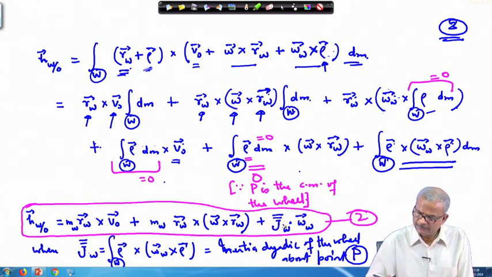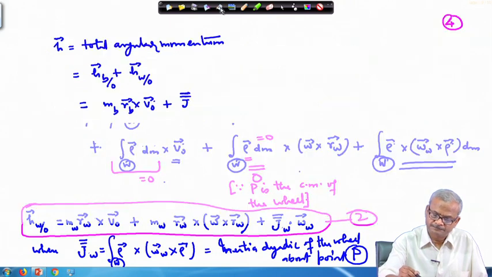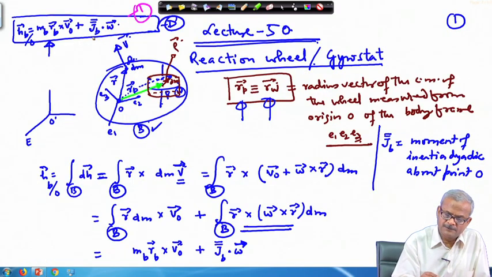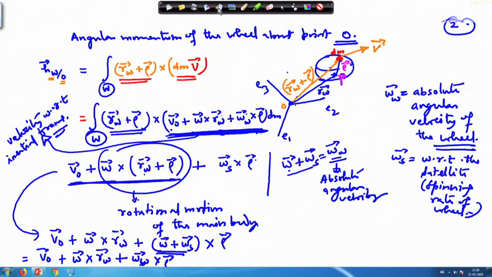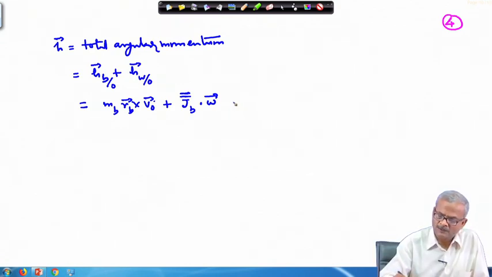The reason will become clear once we advance. This is the inertia dyadic of the wheel. So, this is for the body times omega. Okay, this is J_B dot omega, and plus the other part is for the wheel.